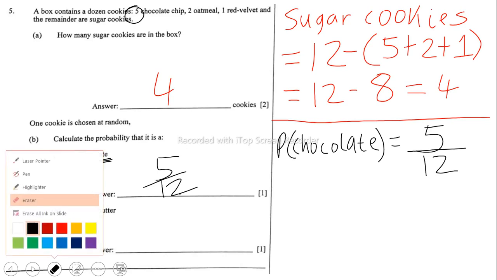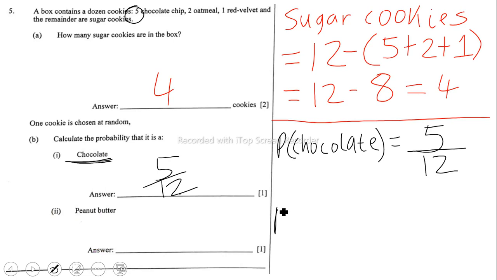Now part B. So we want the probability that we get a peanut butter cookie. And what's the answer for that one? 0 over 12.